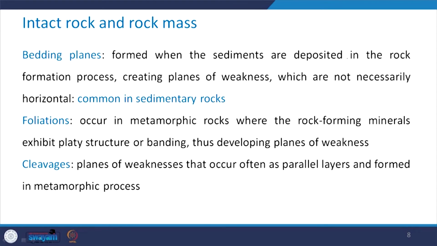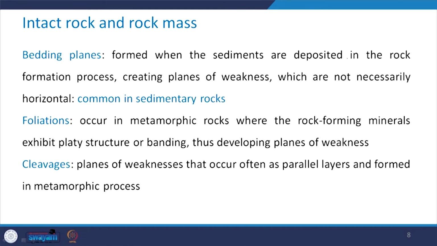Then coming to the bedding planes, these are formed when sediments are deposited during the rock formation process. They create planes of weakness which may not necessarily be horizontal, and this is a pretty common feature in sedimentary rocks. Then we discussed foliations also, which occur mainly in metamorphic rock, where the rock forming minerals exhibit platy structure or banding and therefore develop planes of weakness.